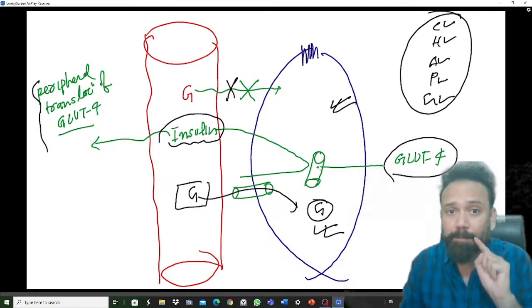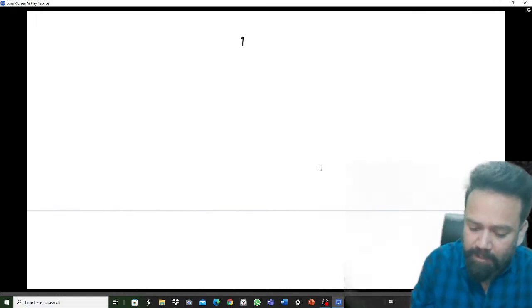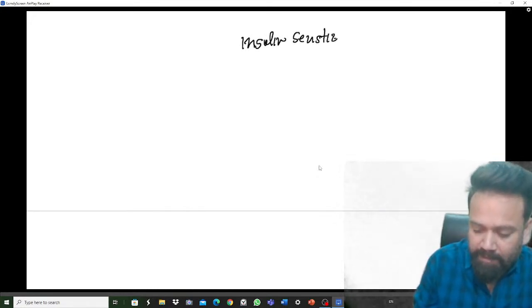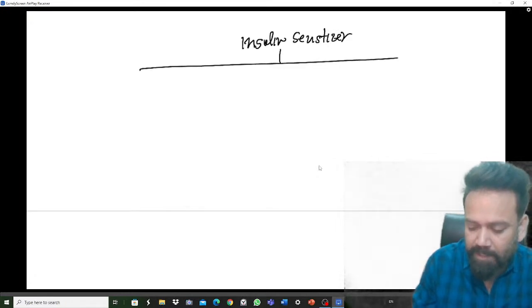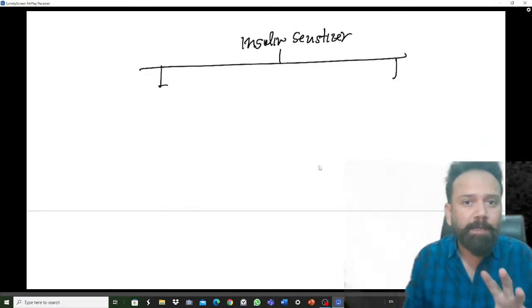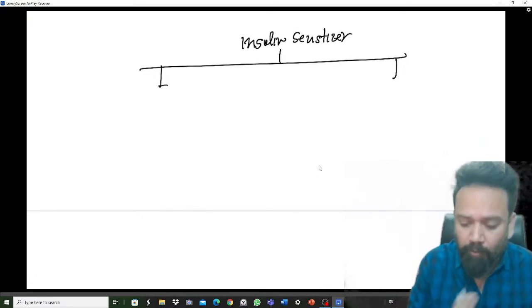Now I have talked about the receptor. What are the two drugs that are insulin sensitizers, that act on the receptor level? They should always be given in type 2 diabetes, because in type 2 diabetes the main cause is insulin resistance, not in type 1.